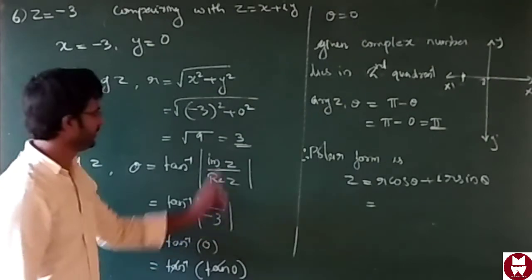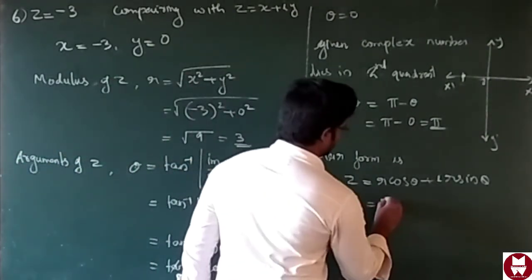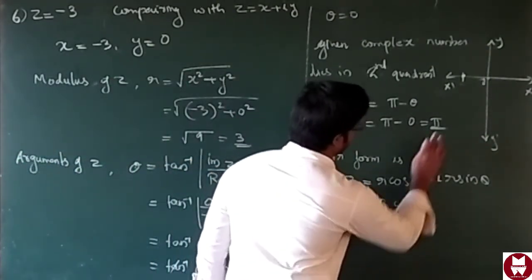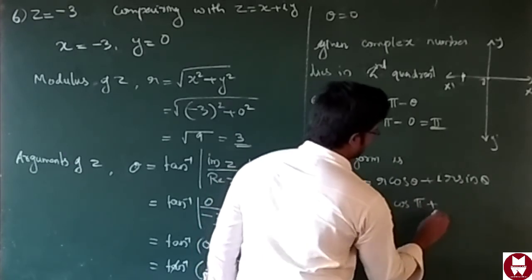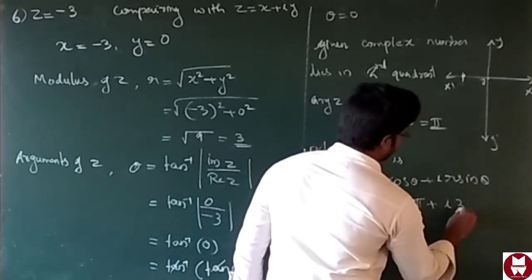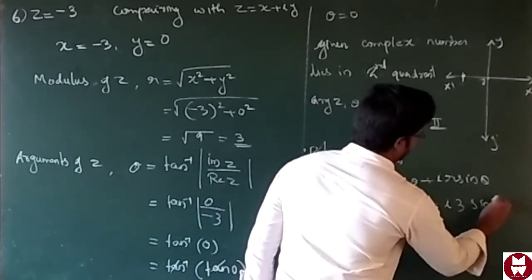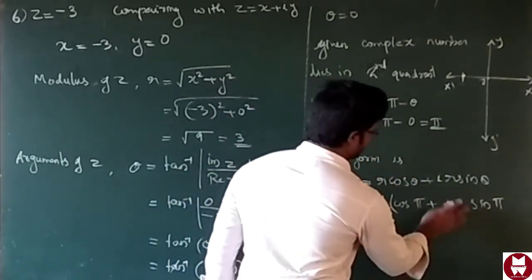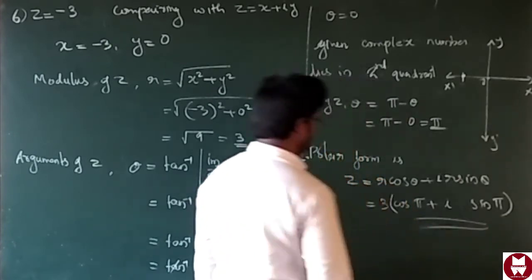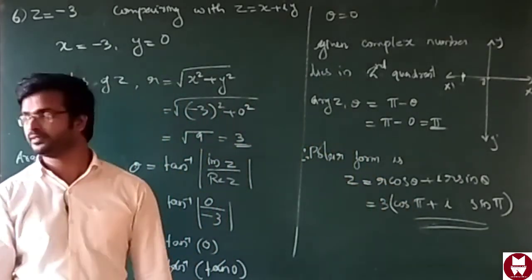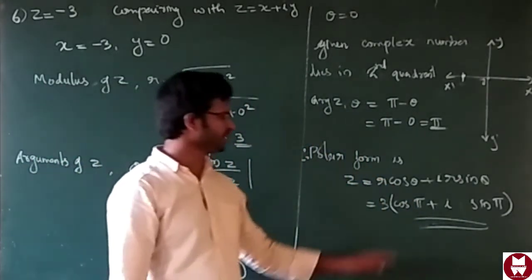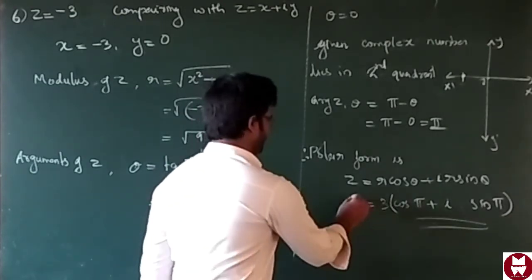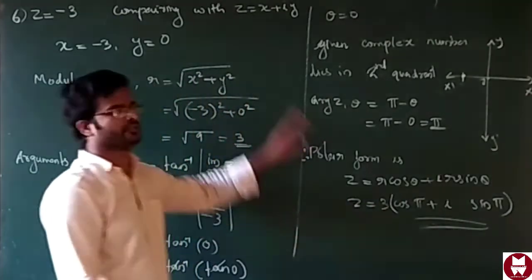R means 3, cos theta is pi, plus i 3 sin pi. And here you can see 3 and 3 common. Take that 3 outside. We got 3 into cos pi plus i sin pi. This is our required polar form of the given complex number.